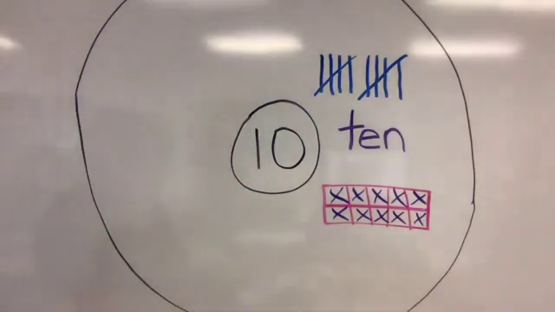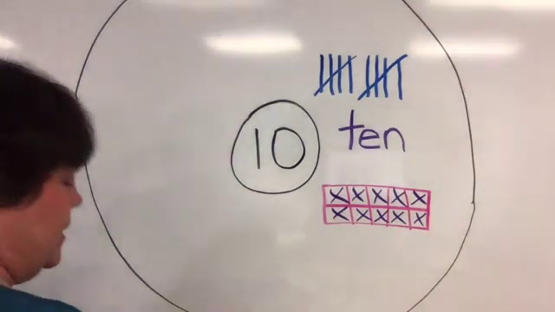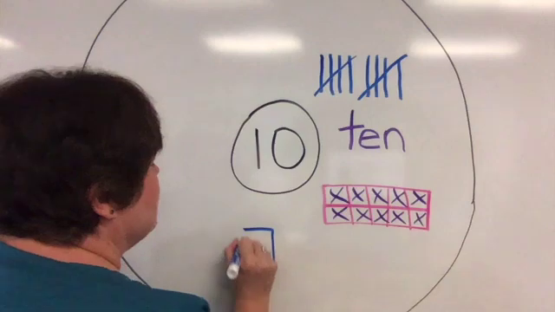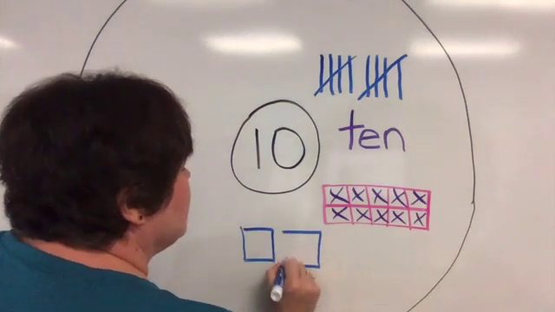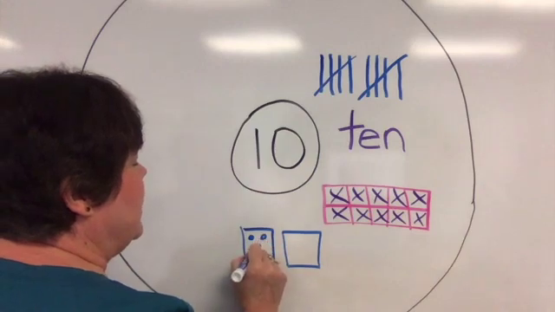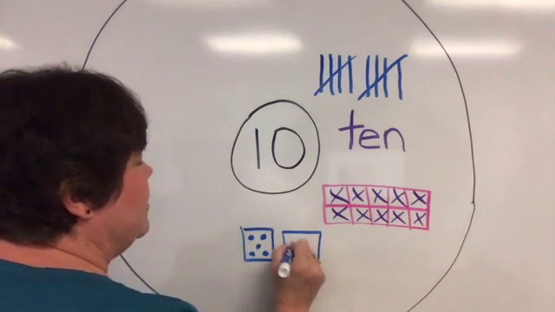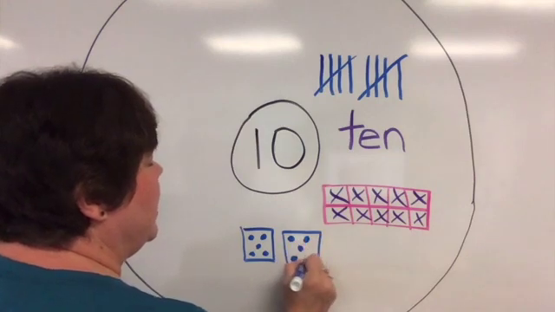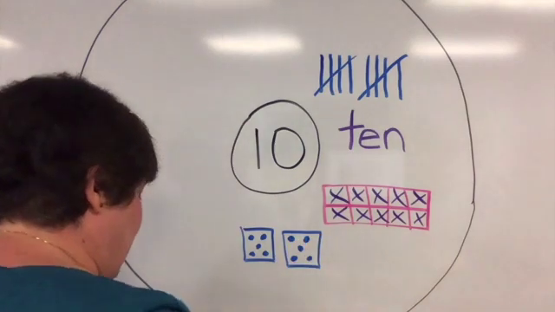We would fill it all the way up. We could do dice because we know if we have 2 dice, just like our hands, if we have 5 on one side, we're going to need 5 on the other side because we know 5 and 5 makes 10.